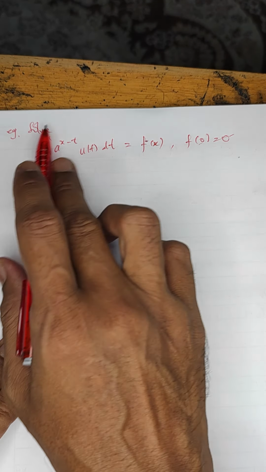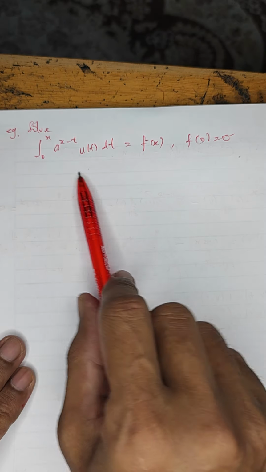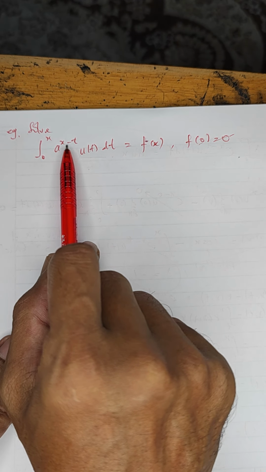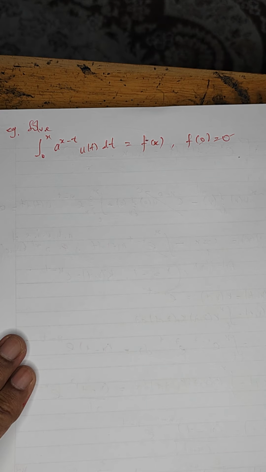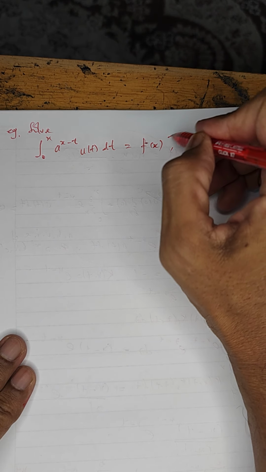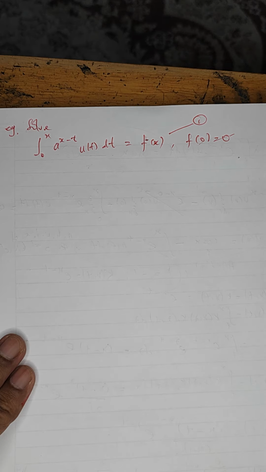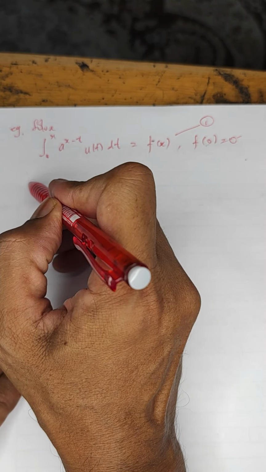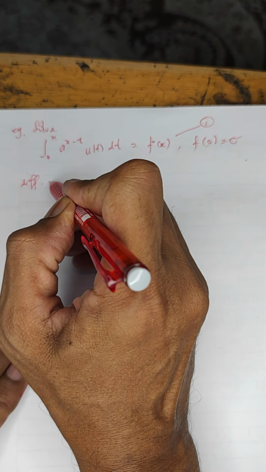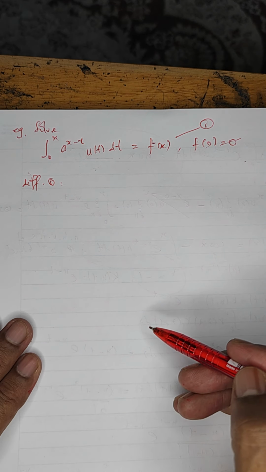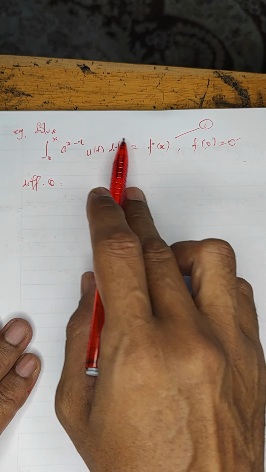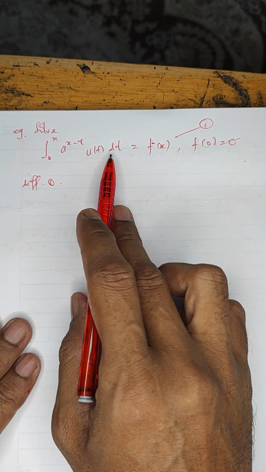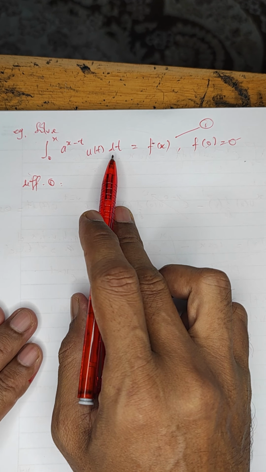Okay, remember this is a to the power x minus t. If you differentiate that, you'll get a log term. So let me call this equation number 1, it's easy for me to recall. We differentiate equation 1, and remember that we use the Leibniz rule.